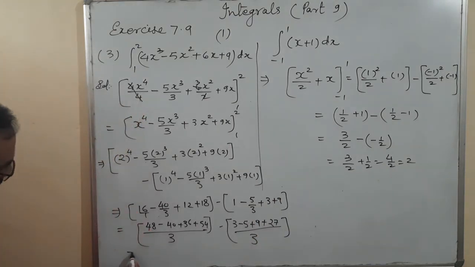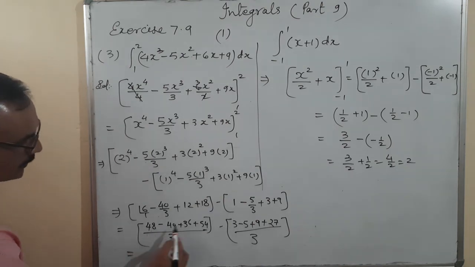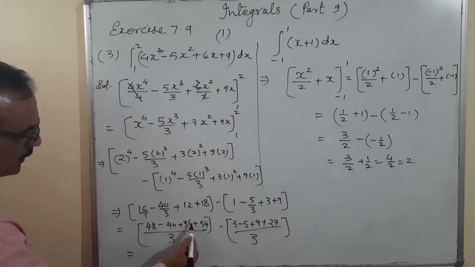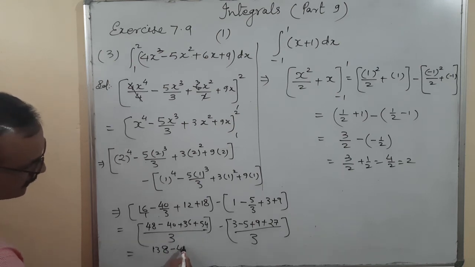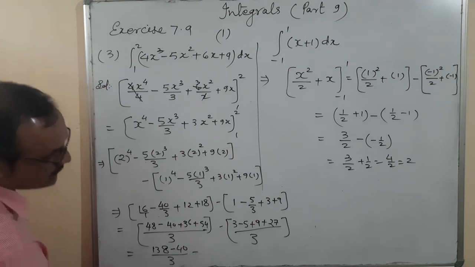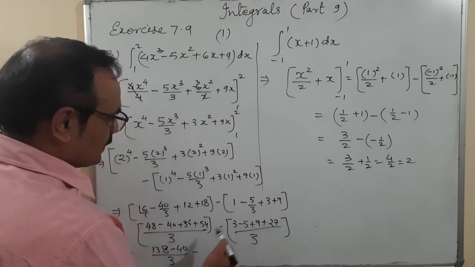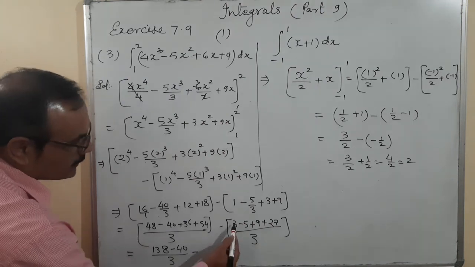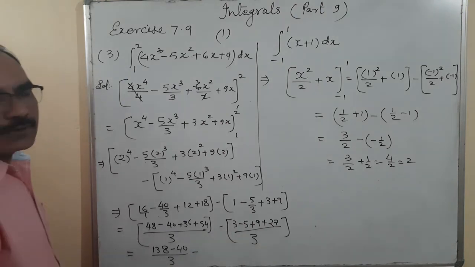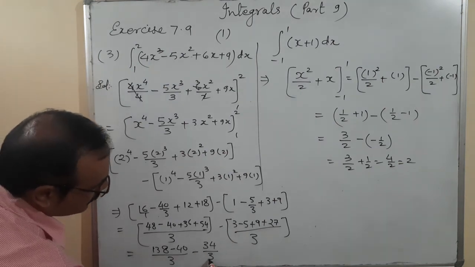Now let us see, the positive terms are 48, 36 and 54. 6 plus 4 is 10, 10 plus 8 is 18, 1 plus 6 is 3... that gives 138 minus 40 upon 3, minus the positive terms 27 plus 9 is 36, 36 plus 3 is 39, 39 minus 5 is 34, so directly I write 34 upon 3.